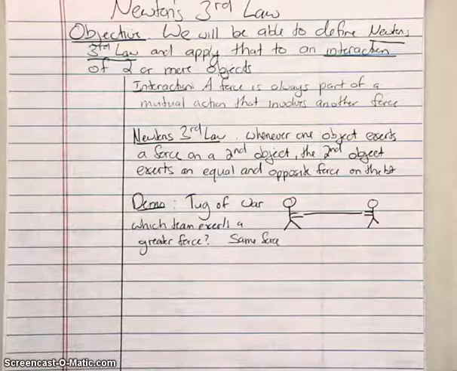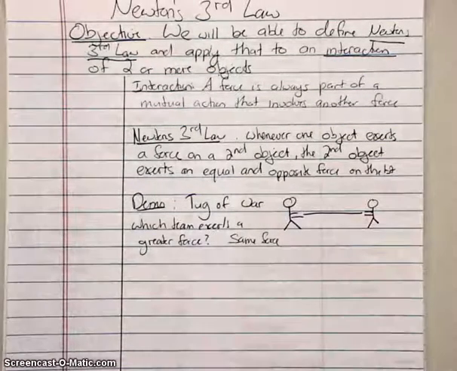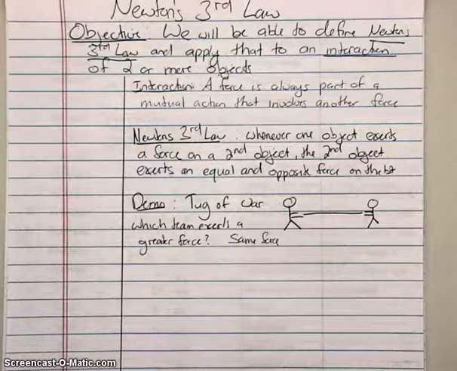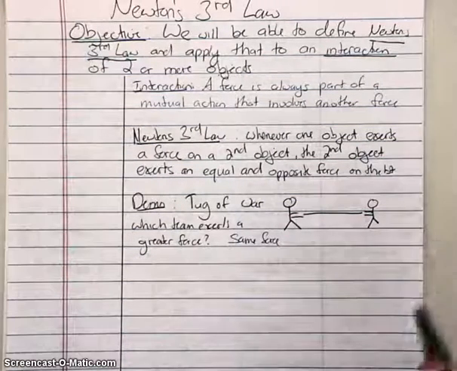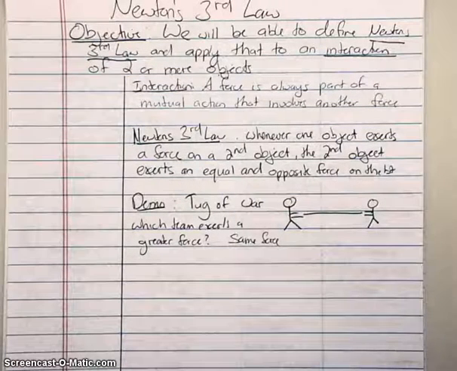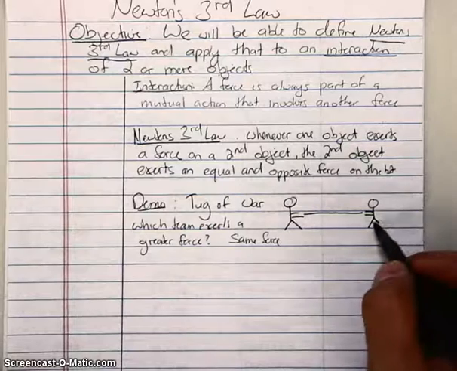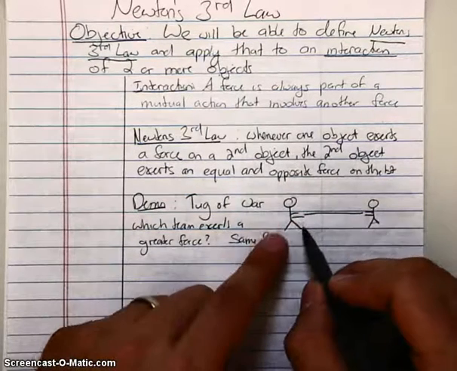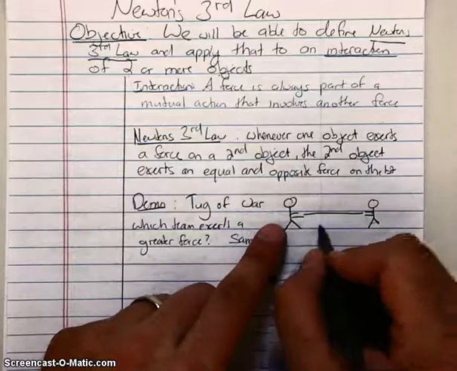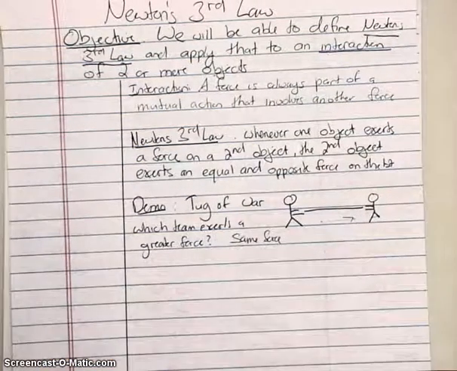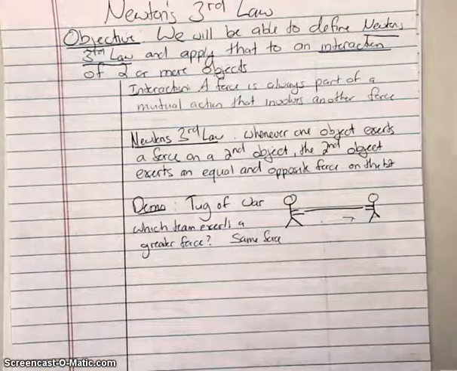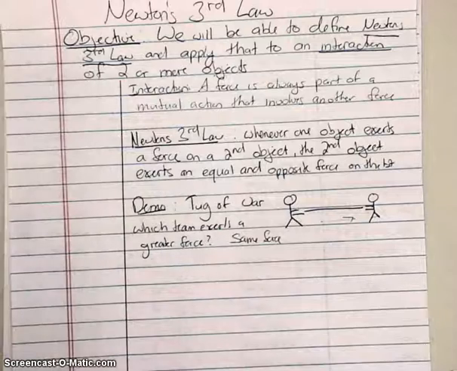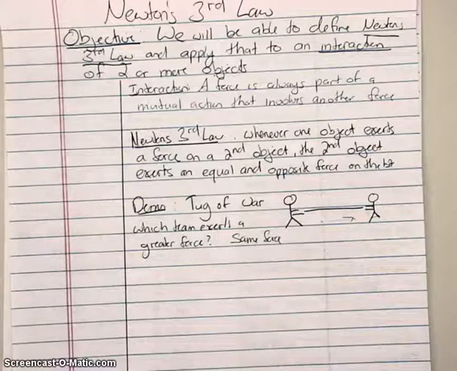And then you say, well, that doesn't make any sense. How can one team possibly win if they're both pulling equally? The reality is whichever team has more friction. If this team has more friction, they're both pulling with equal and opposite forces, but this team has less friction, so they're going to end up being pulled over to the right. Both teams pull with equal and opposite forces, just one team has more friction to keep from being pulled over the line. So that was tug of war.